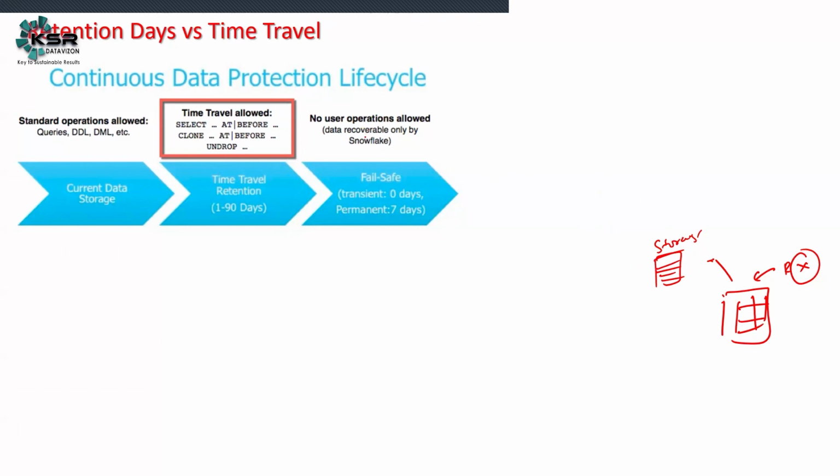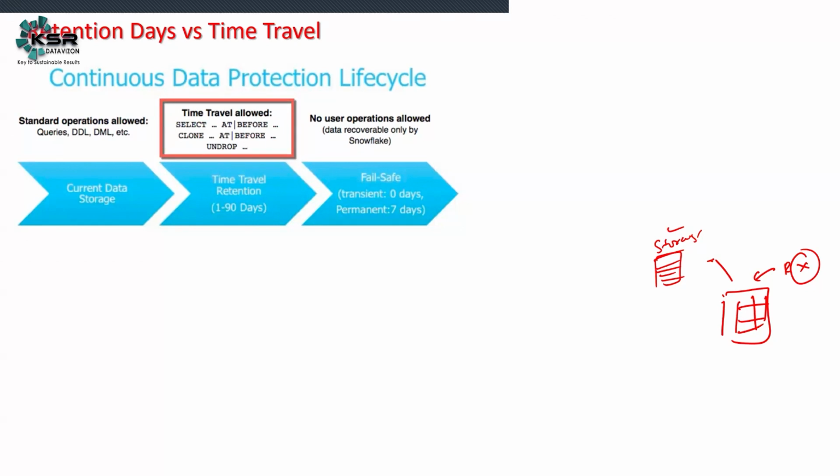Whereas time travel means that within this retention period, if you want to go back and see your historical data, time travel allows you to access or restore the data from the past. You can recover a dropped table, a previous version of data, or accidentally modified or deleted rows. All of these can be achieved using time travel.